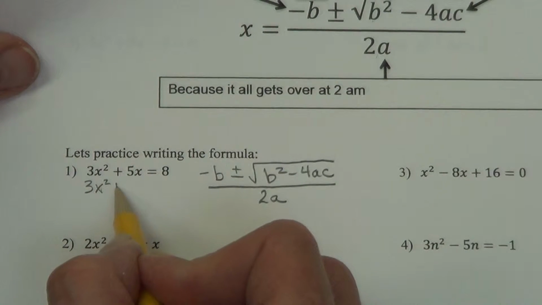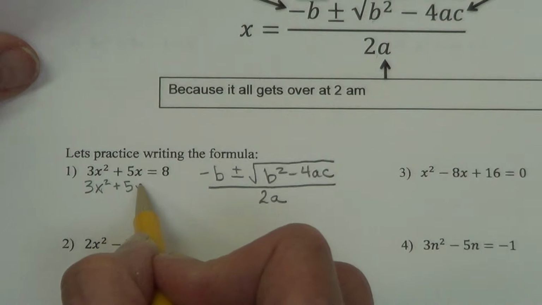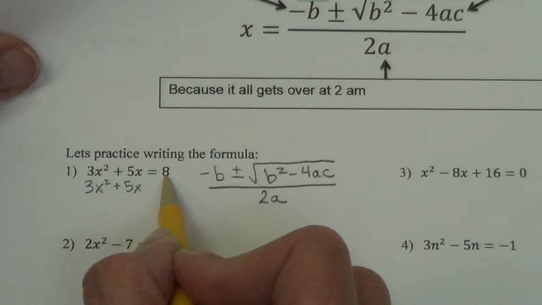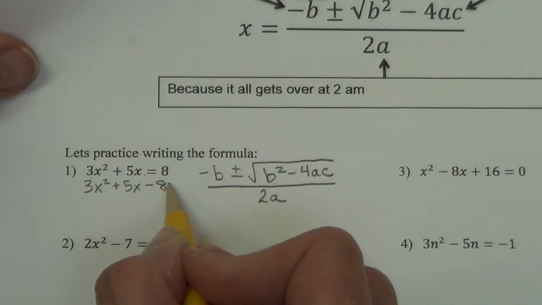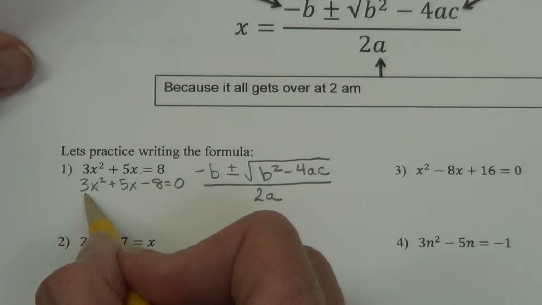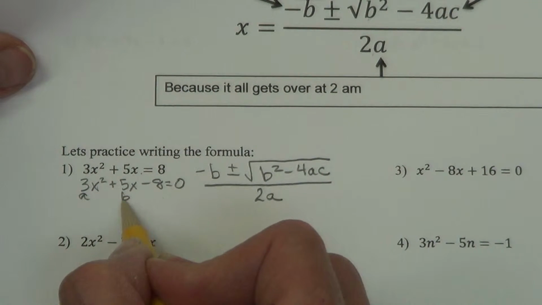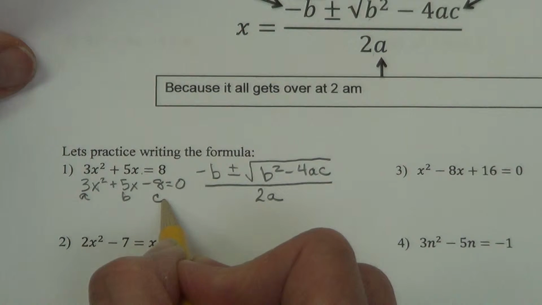3x squared plus 5x. Get rid of the 8 on this side and bring it into standard form, so it would be 3x squared plus 5x minus 8 equals 0. Here's my a value, my b value, and my c value.